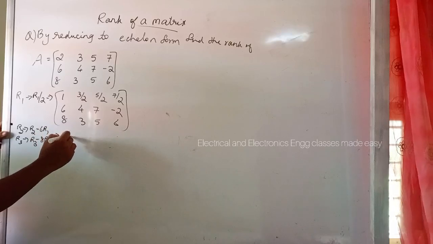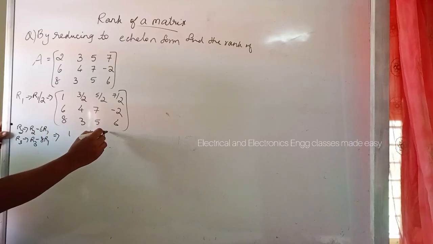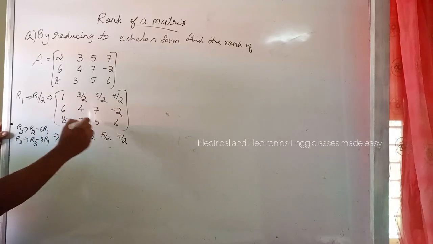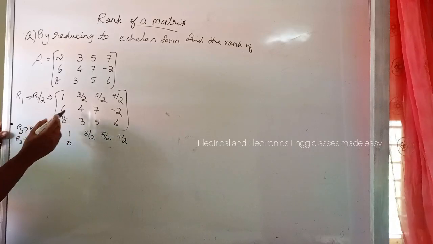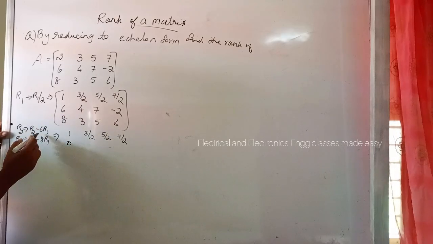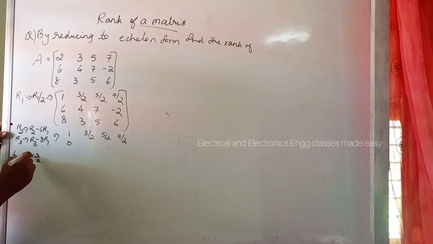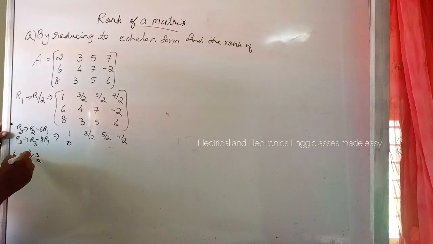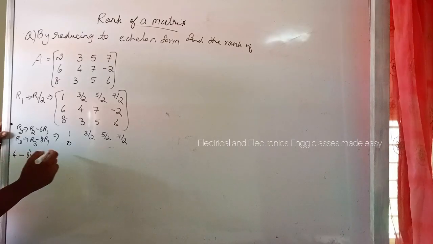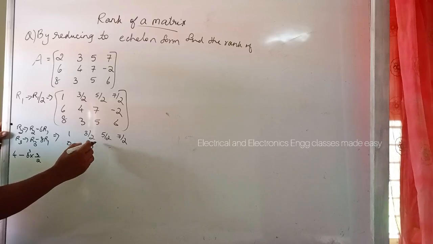So we will get 1, 3 by 2, 5 by 2, 7 by 2. Then 0. Then 4 minus 6 times 3 by 2, that is 9, so 4 minus 9 is minus 5 here.